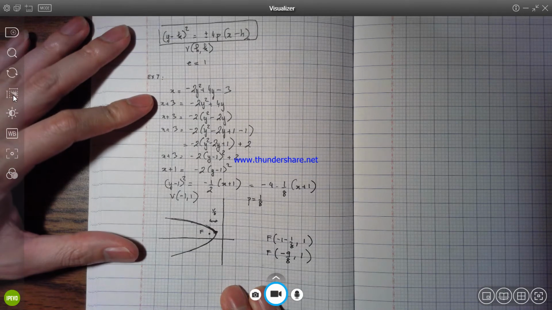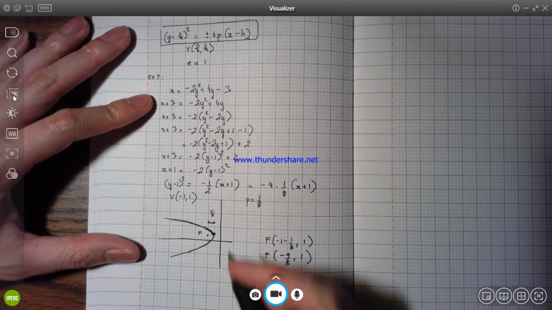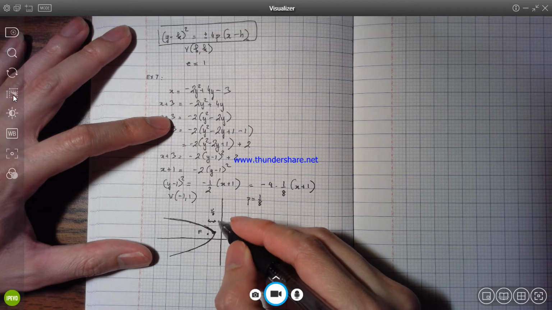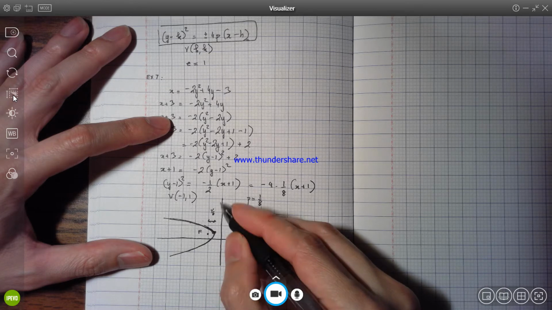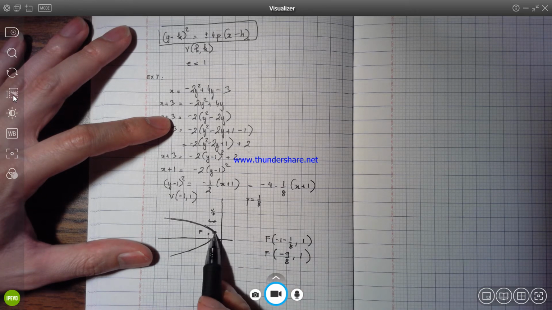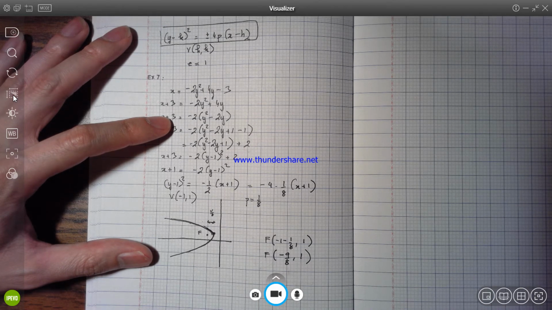All right, and because this is 1/8, the directrix must be between the vertex and the y-axis, because it's just 1/8 right here. So from here to here is 1, and from the vertex to the directrix is 1/8.